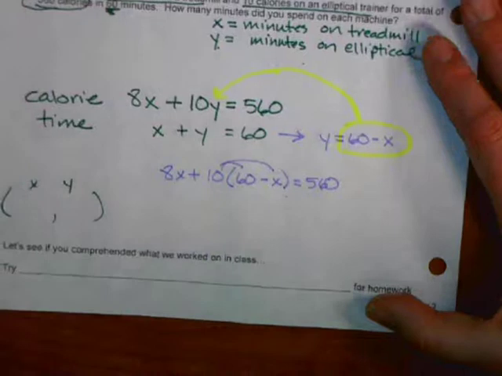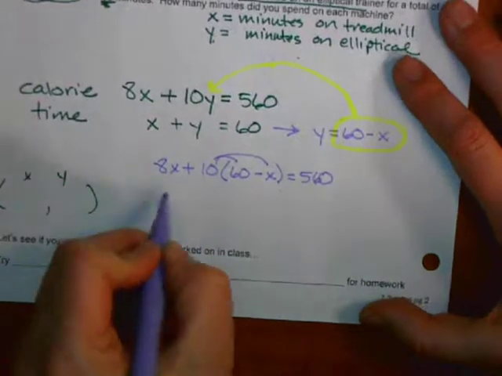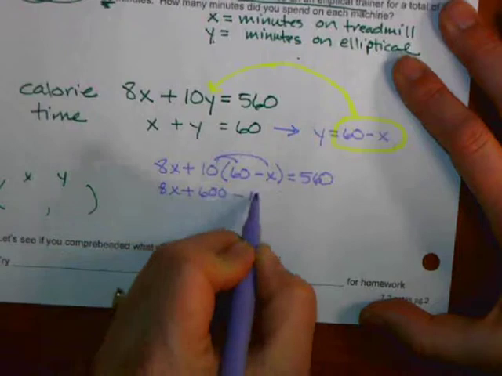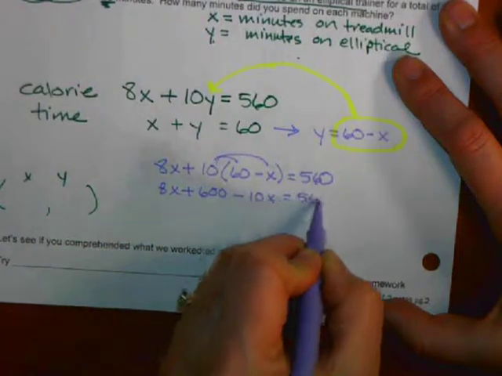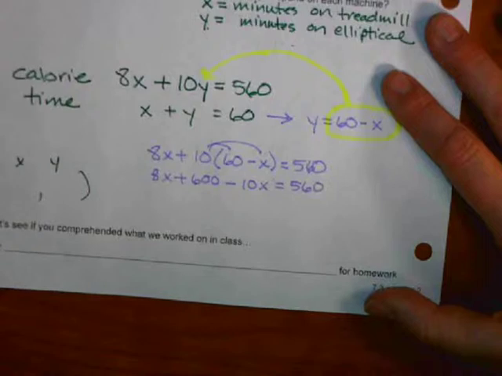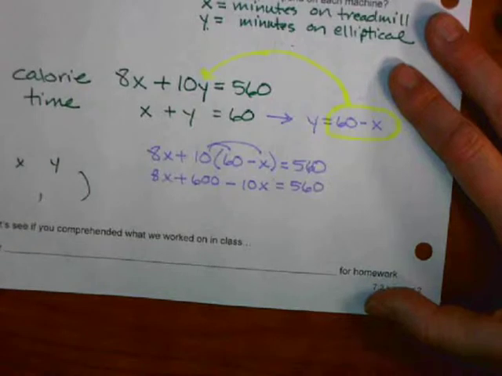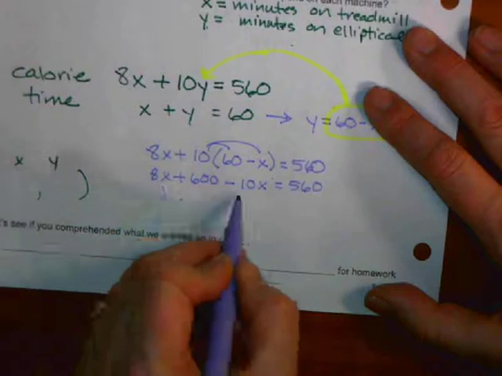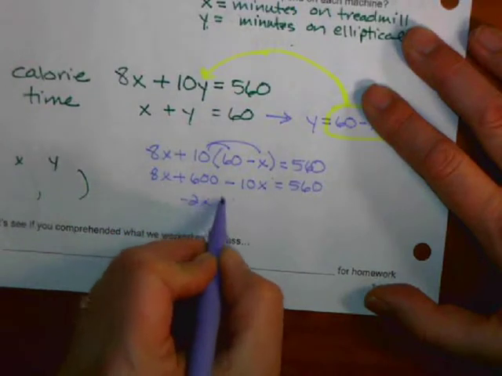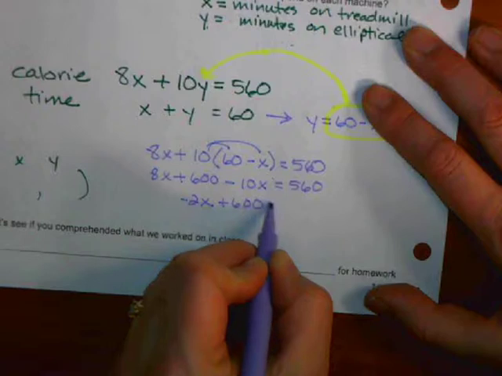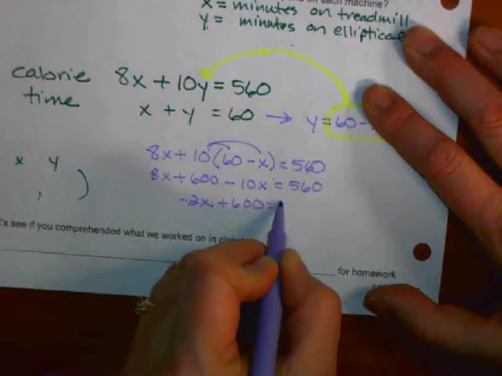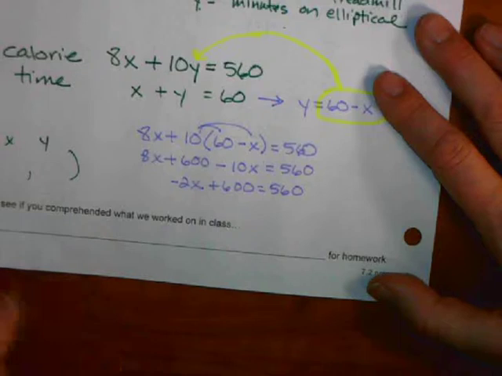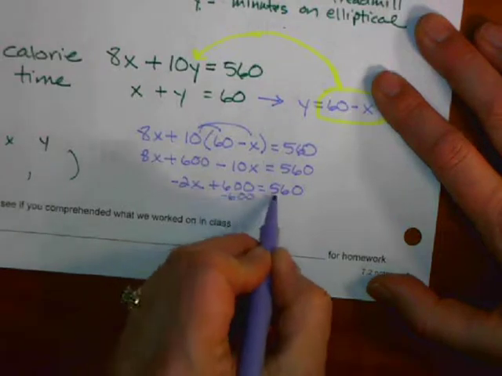Distribute. 8x plus 600 minus 10x equals 560. Combine like terms. 8x take away 10x will give me negative 2x plus 600 equals 560. Subtract 600.